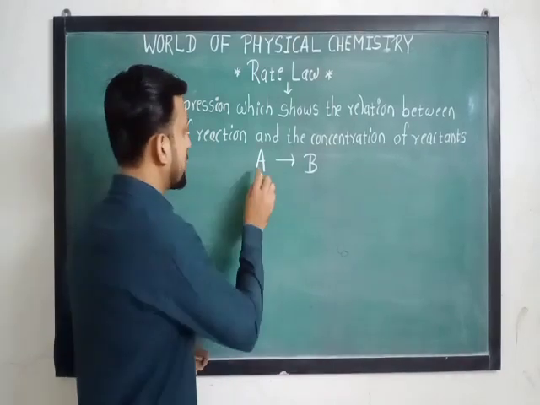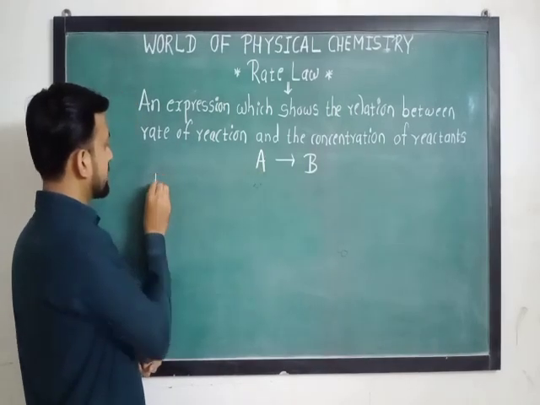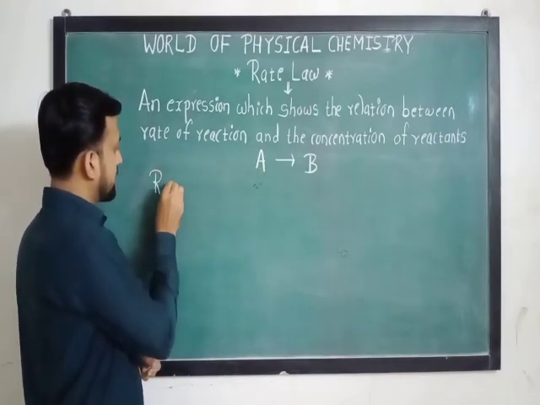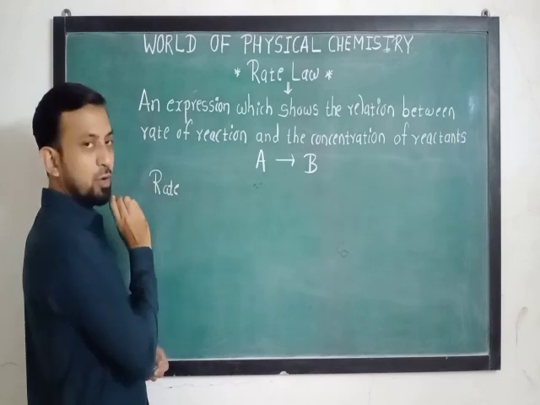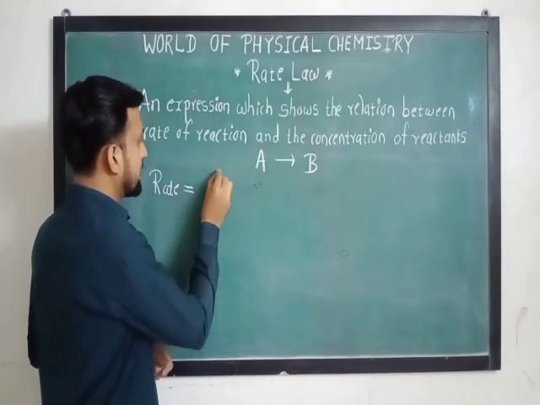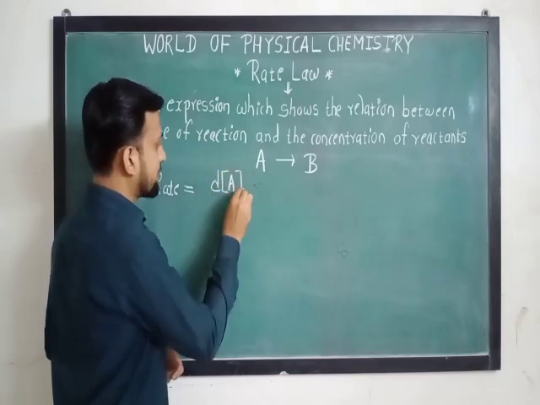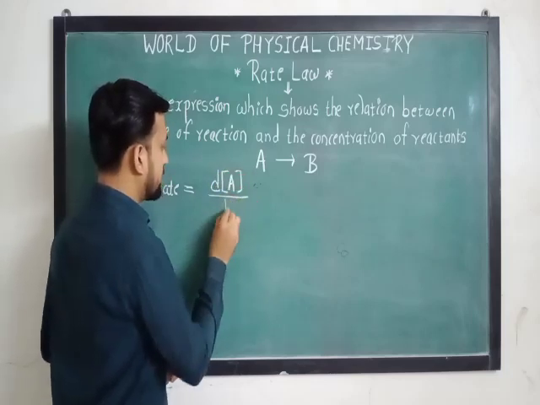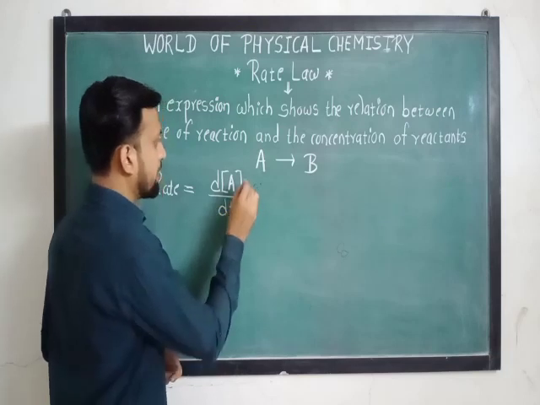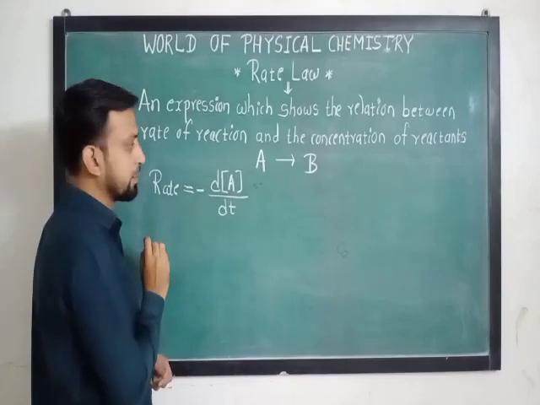As per that definition, we can write for reactant A, instead of rate of reaction, rate is equal to the change in concentration of reactant with respect to change in time t. Here it disappears, therefore we put a negative sign.